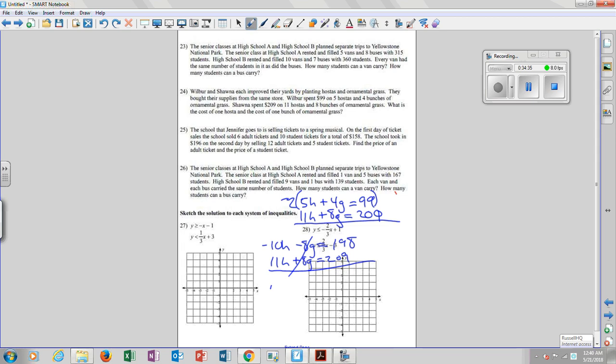These cancel out. You get negative 10H plus 11H is 1H. 209 minus 198 gives you 12, or 11, sorry. So you get H equals 11.